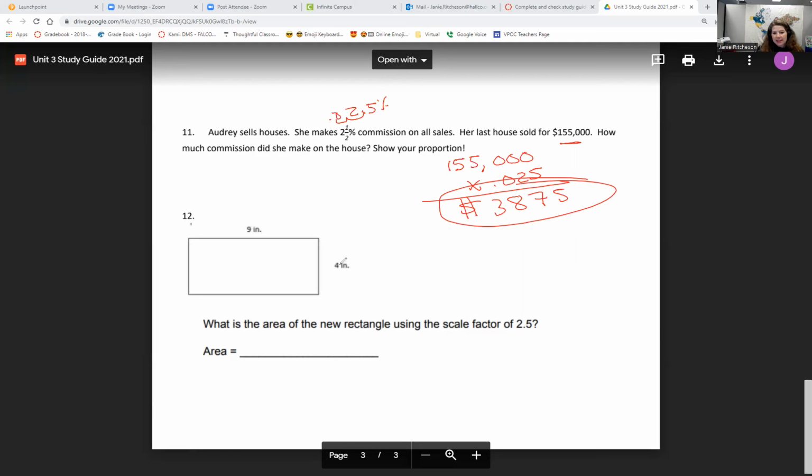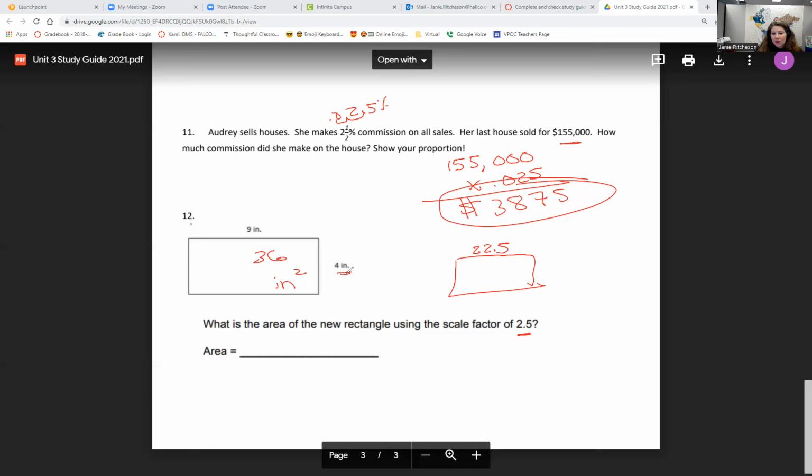Okay. Number 12, what is the new area of the rectangle? Well, the old area is 9 times 4. I meant 36. 9 times 4 is 36 inches squared, right? But both sides get multiplied by 2.5. So both sides 2.5 times bigger. 9 times 2.5 is 22.5.